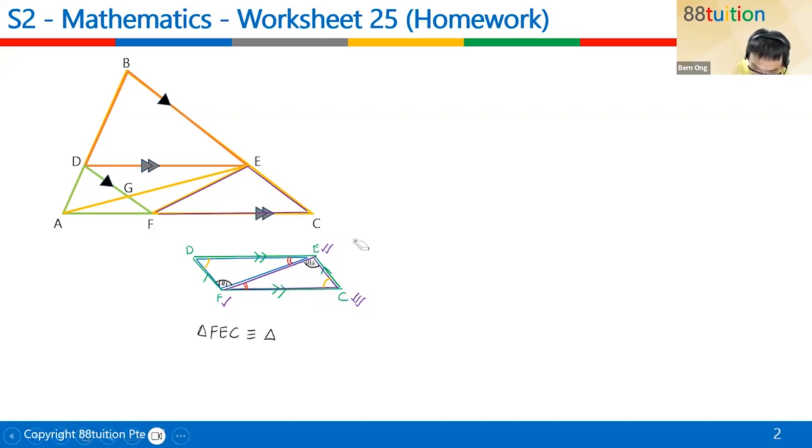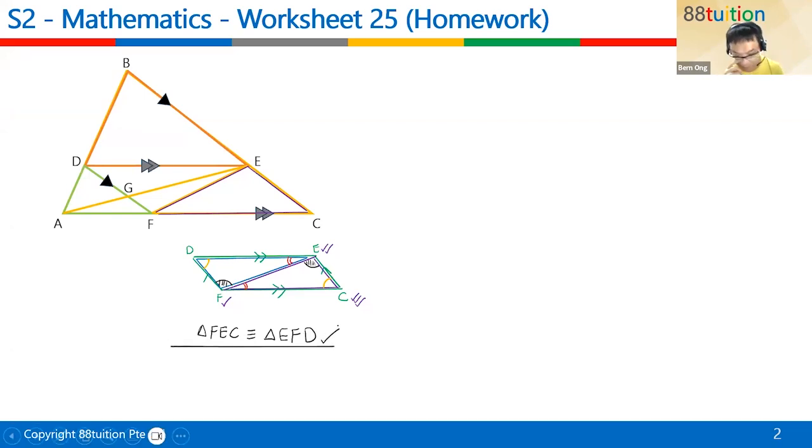So FEC is red, black, orange. Look at it on top. Who is the red? Red is E. Who is the black? Black is F. Who is the orange? D. So it's EFD. This is the only answer.